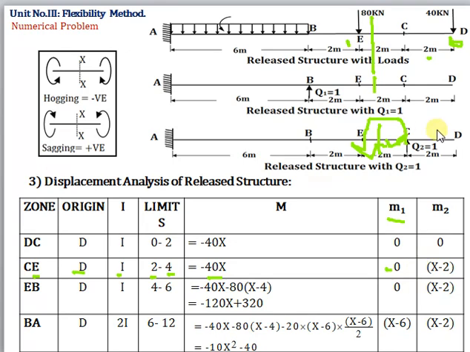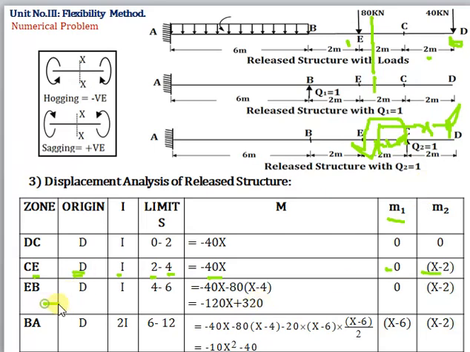But now our origin is D, so that x we have to consider with respect to D. Our origin is D, not C. So this distance is x with respect to origin. We have to take it with respect to origin. So this lever arm becomes x minus 2. So it is x minus 2, positive. Now the force is 1, so it doesn't create any effect.